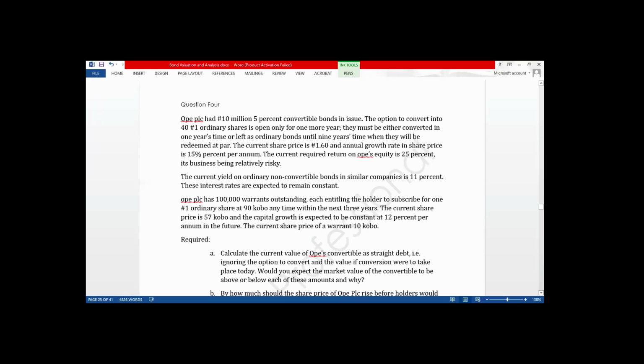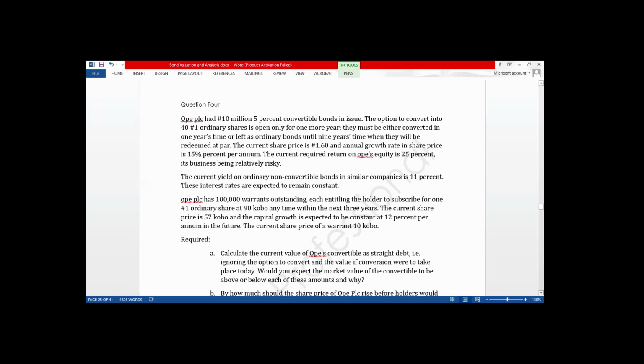They must either be converted in 1 year's time or left as ordinary bond until 9 years' time, when they will be redeemed at par. Please note, the option to convert is for 1 year. If you fail to convert the bonds to equity in 1 year's time, then the bond will have to wait for 9 years, when they will be redeemed at par.